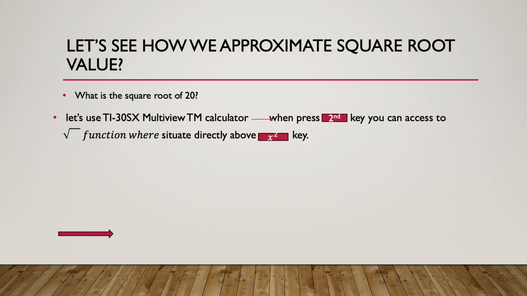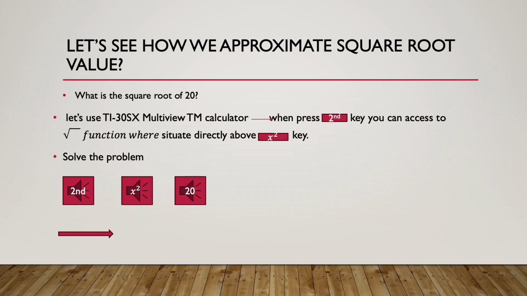First we have to find the square root, then solve the problem. How do we solve it? We press this button, then the x square button, then 20, then enter.